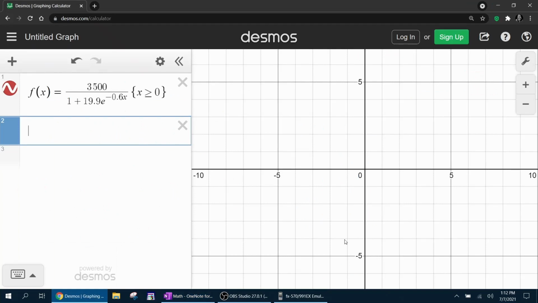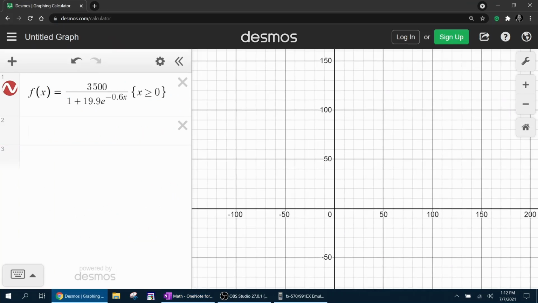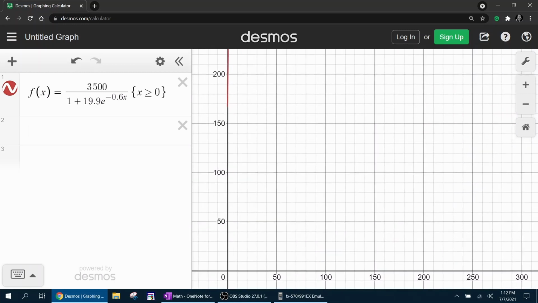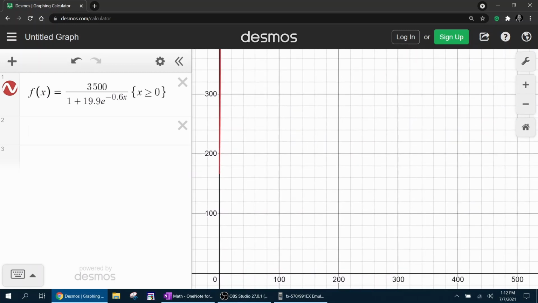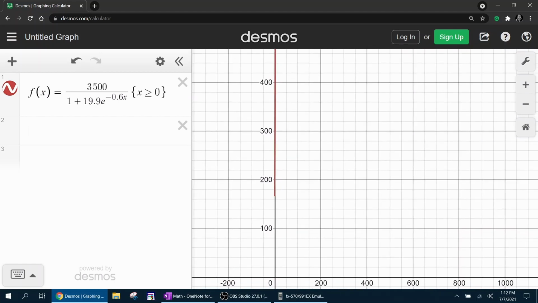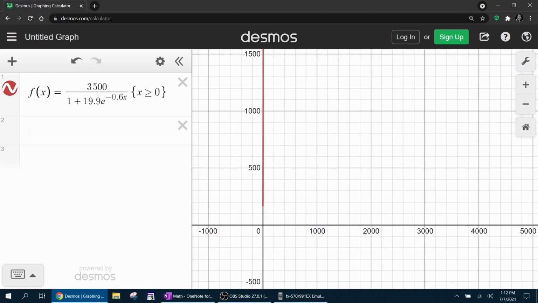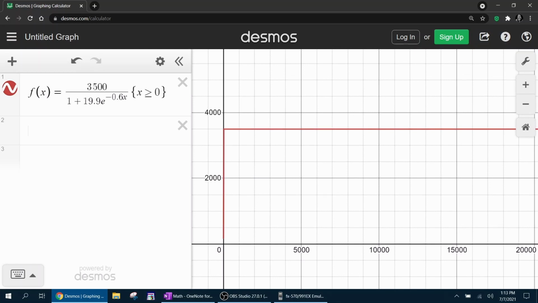So we're going to have to actually zoom in a lot. So I'm pinching and zooming, and I'm scrolling over here. There we go, to where you can see the red graph. Can you see that? Starting at about 167. And then if I continue to zoom in, whoa, look at that.